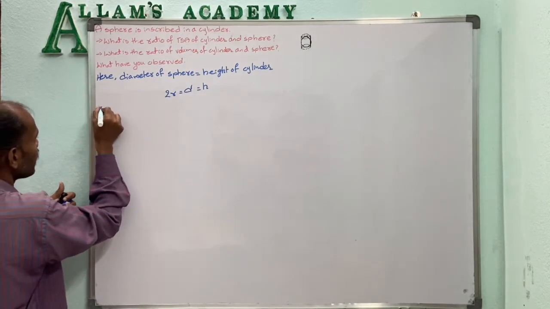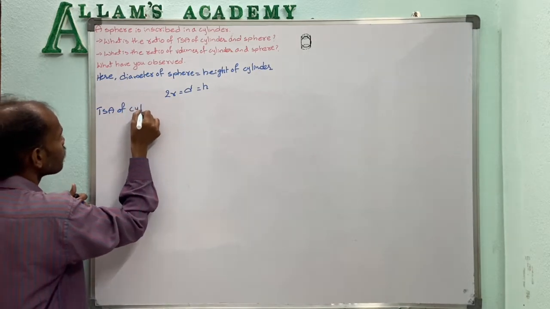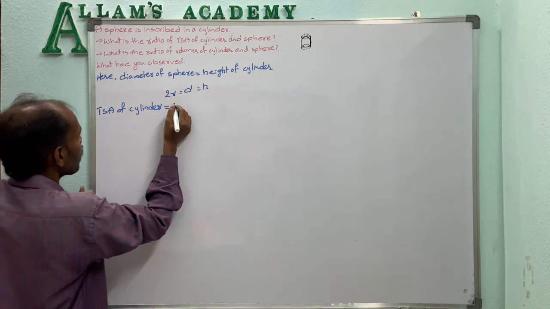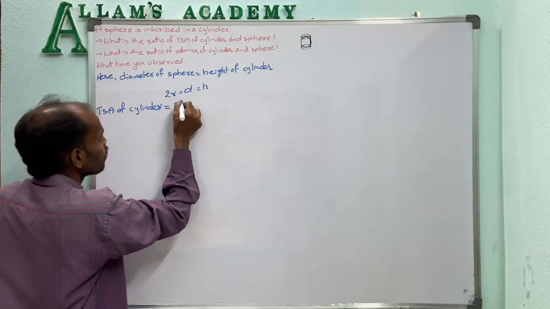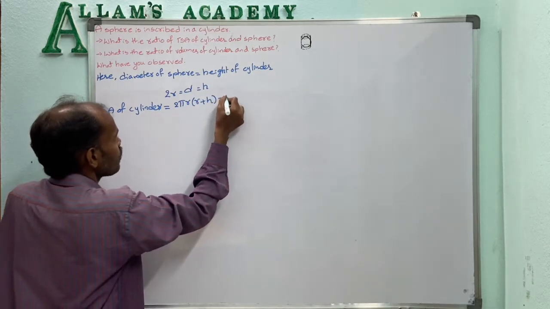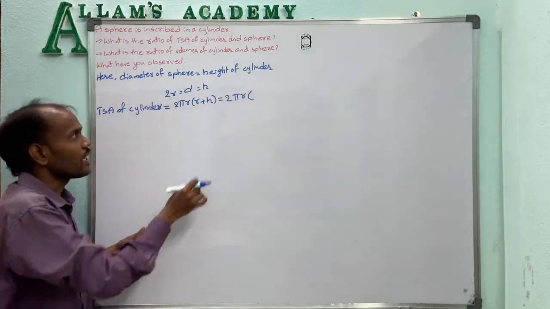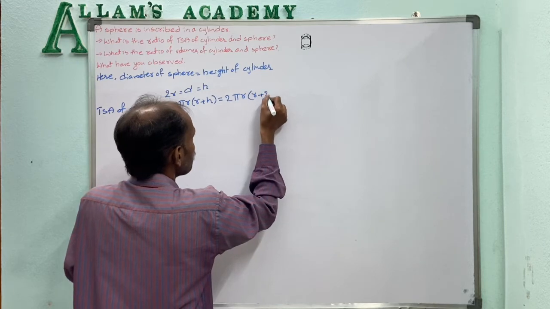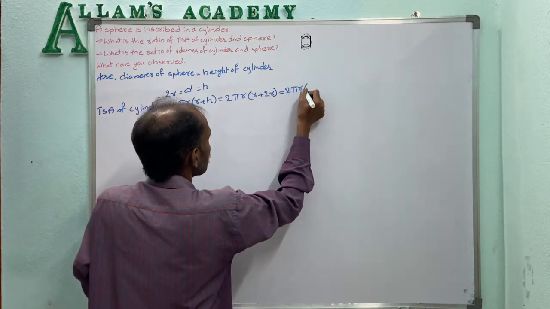So first, writing the total surface area of the cylinder. It is 2 pi r into (r plus h). Here h is nothing but 2r, so r plus 2r is equal to 3r.